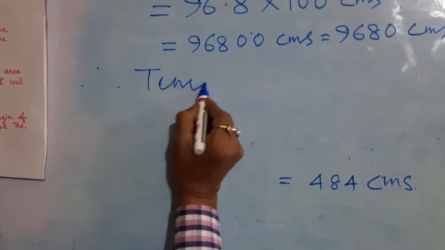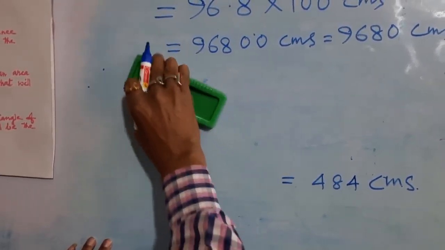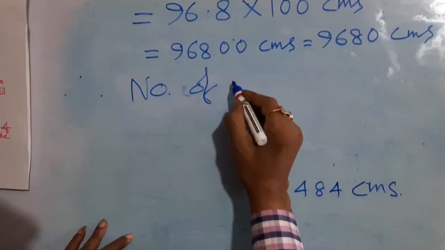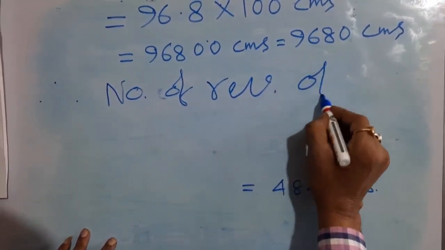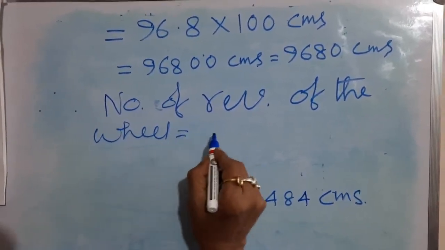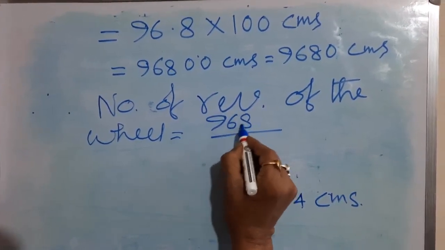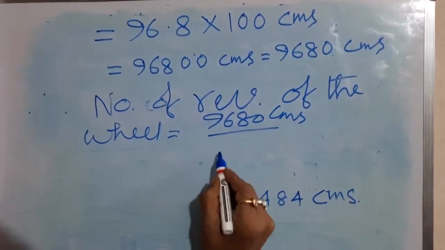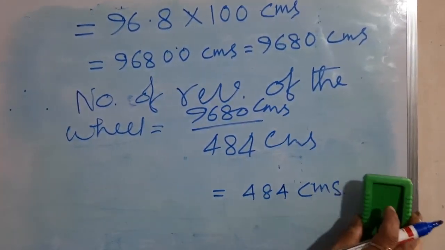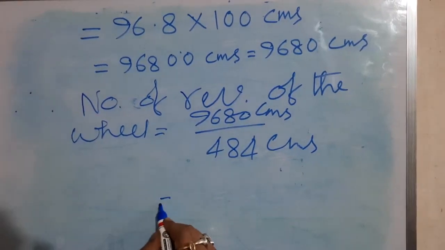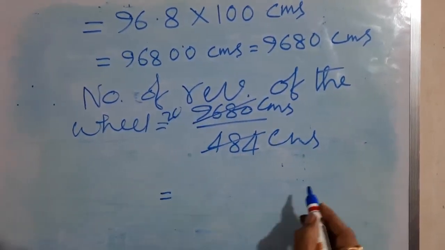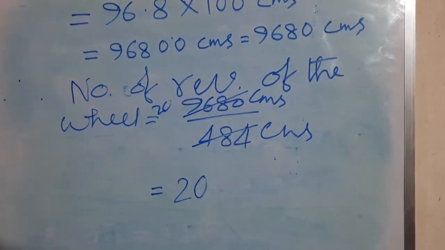Therefore, number of revolutions of the wheel is equal to 9680 divided by 484 centimeters, which is equal to 20.